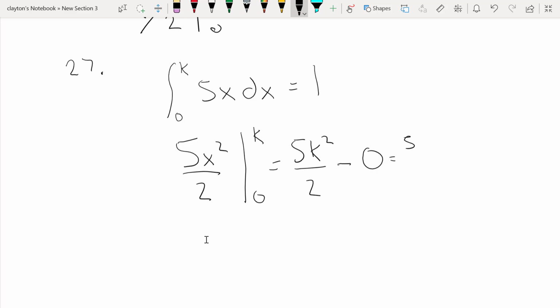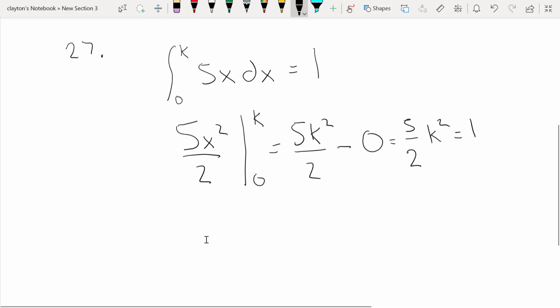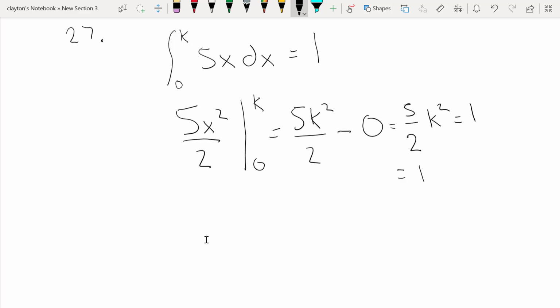And so we have 5 over 2 k squared is equal to 1. This statement needs to be true. And so we have k squared is going to be equal to 2/5, which means k is going to be equal to the positive square root of 2/5. So there is our k value.